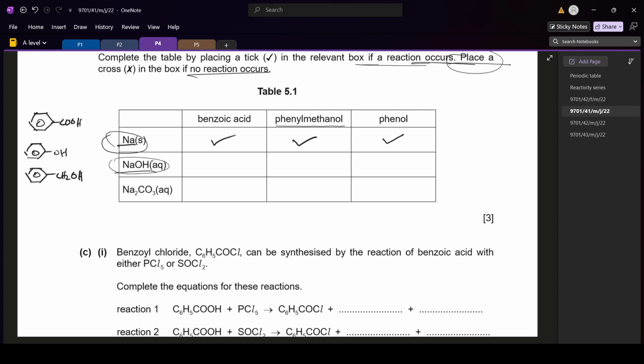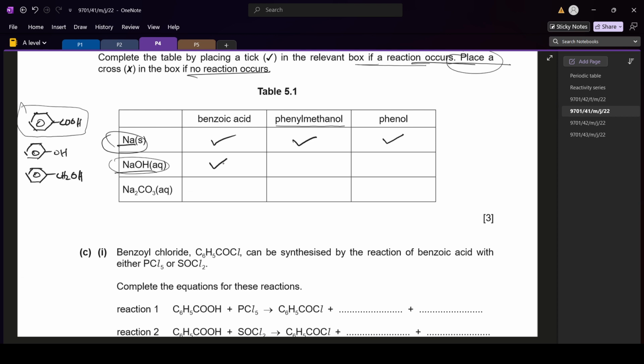Now sodium hydroxide is a strong base, and this will react with benzoic acid because benzoic acid is strong enough to react with sodium hydroxide. So yes, the reaction will occur.